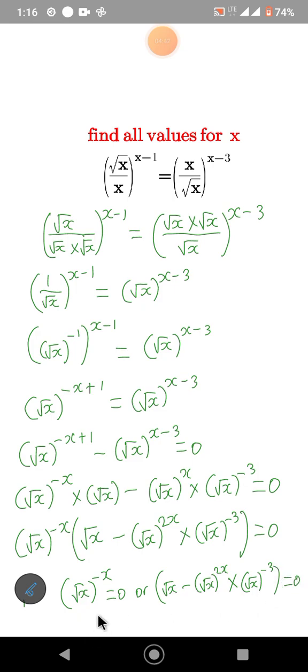Now, I'm not going to consider this side of this other equation. I'm going to consider only this one, because this is where I can get the root of this equation from.